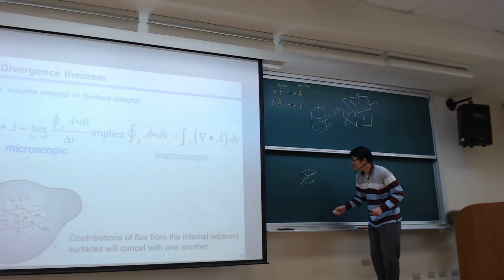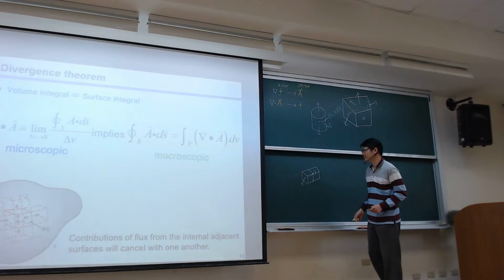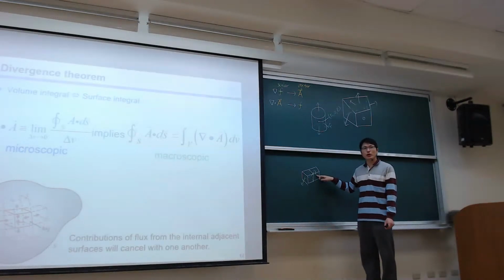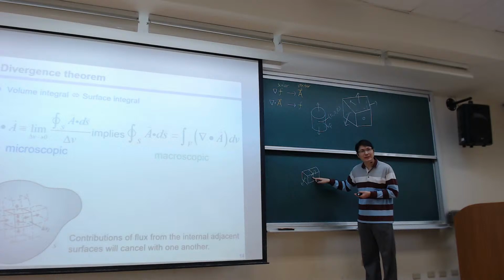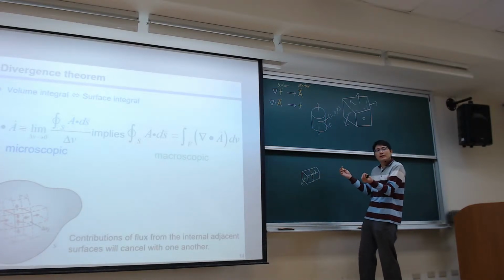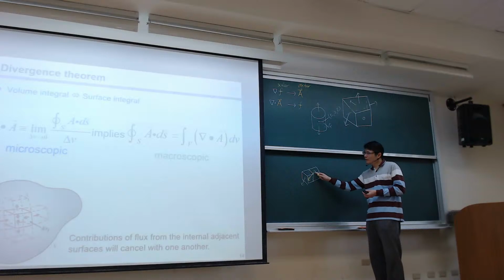Okay? But what happens when I have the second cube? When I have the adjacent second cube, which surface is the same? That surface, right? But in this case, when I evaluate the outward flux for the second guy, this surface needs to take on a direction reverse to that, right? So this is by definition.